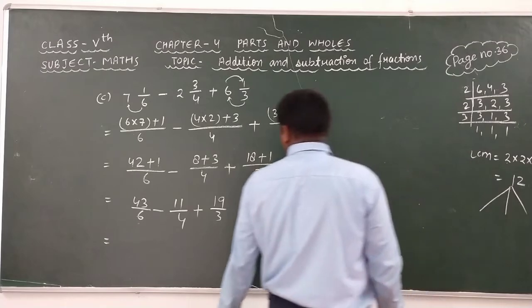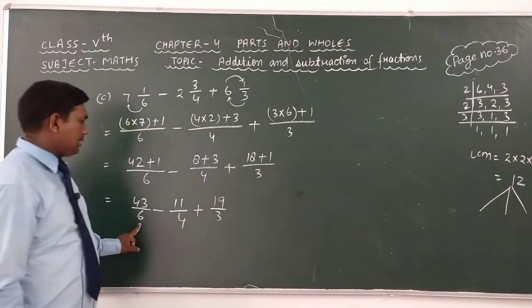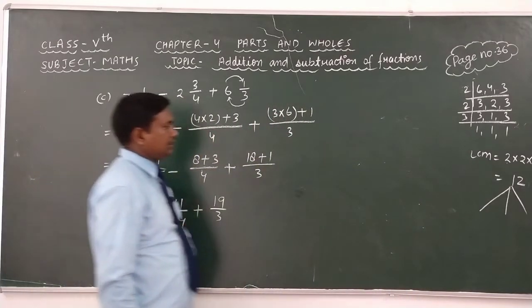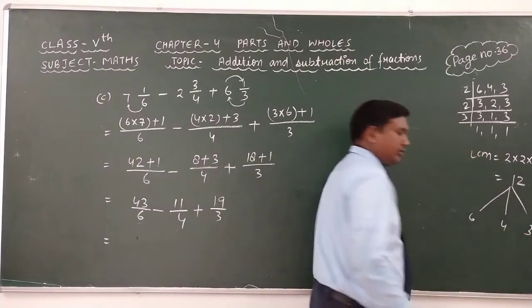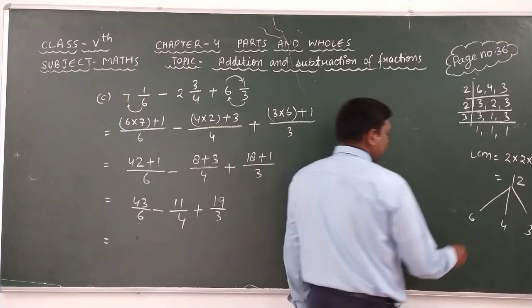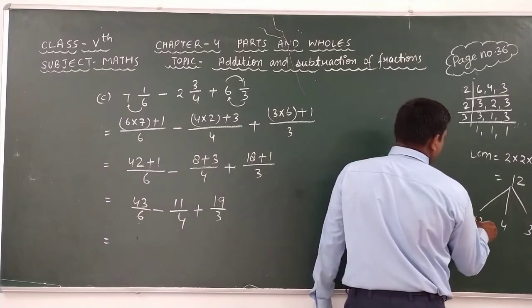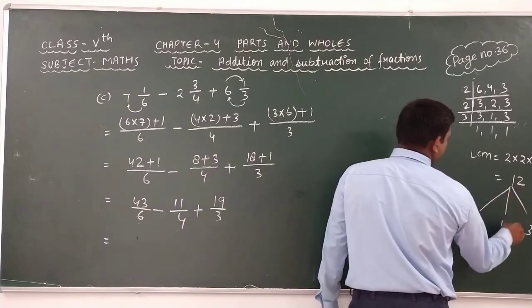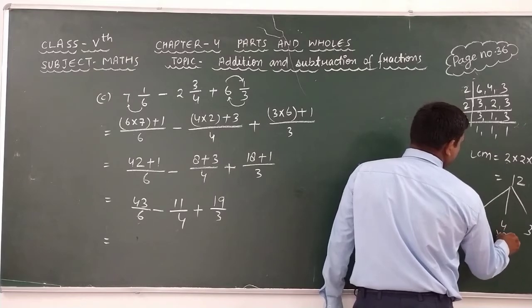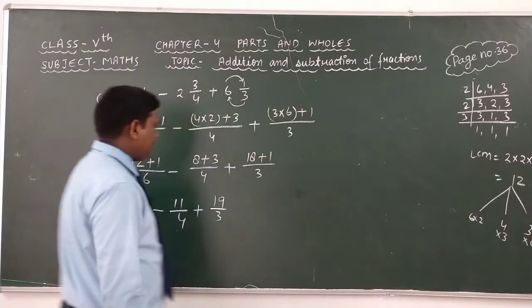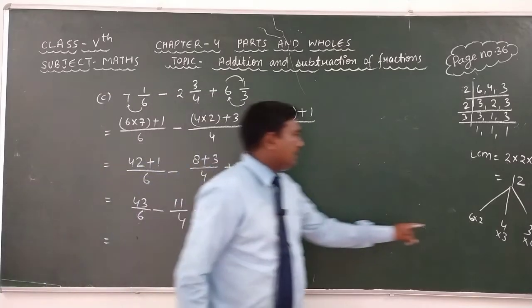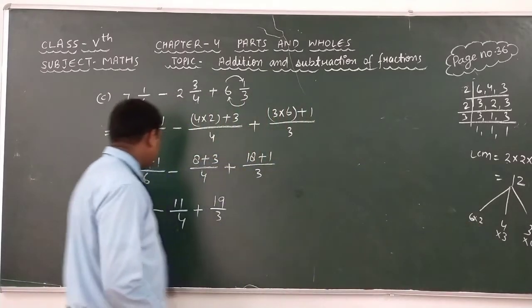Look at here carefully. Here given that 6, 4 and 3. We know that if we multiply 6 by 2, then 6 2s are 12, similarly 4 3s are 12, similarly 3 4s are 12. Okay, it means that in this fraction we have to multiply by 2 in numerator and denominator.